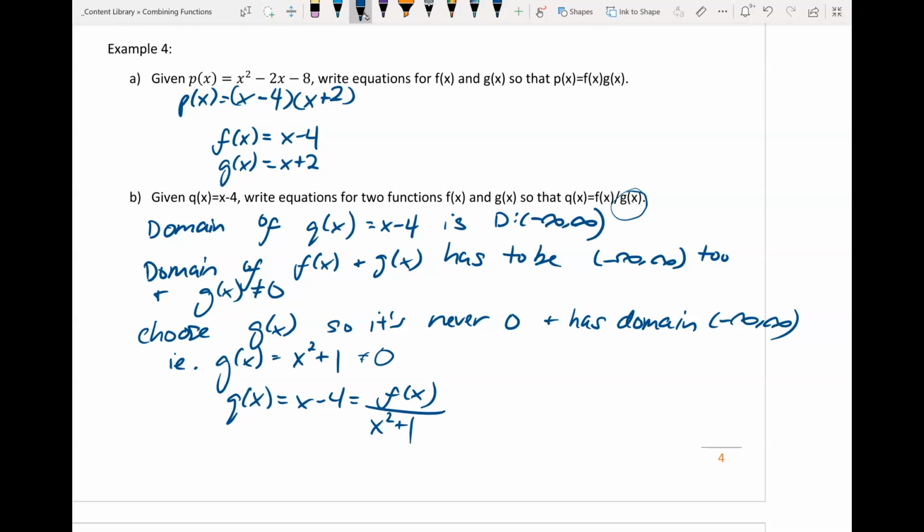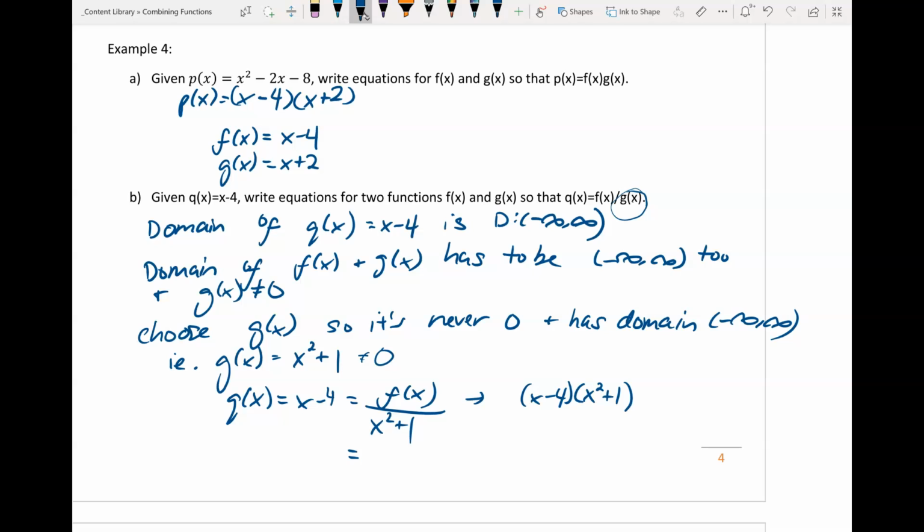In order for this to work out, then f of x has to be x minus 4 times x squared plus 1. So your x squared plus 1 could cancel out and you're just left with x minus 4.